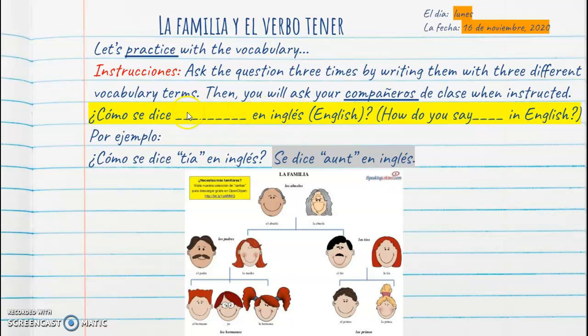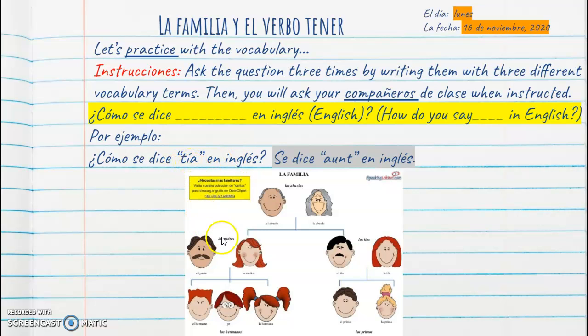Now, I'd like for you to fill in the blank with 3 different vocabulary terms corresponding to la familia from the family tree down below. For example, ¿cómo se dice tía en inglés?